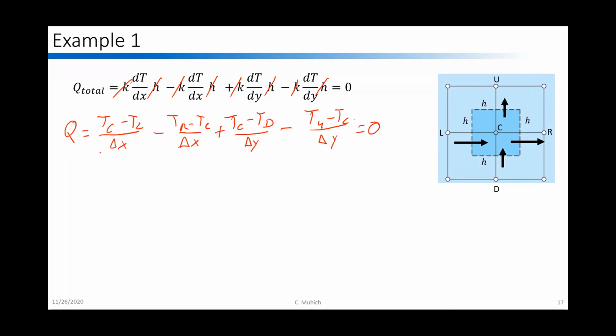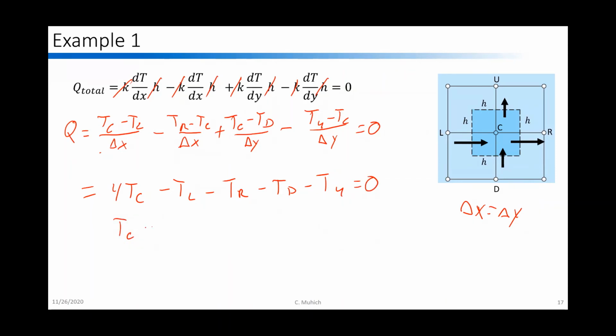And in this case, we say if delta x is equal to delta y, we can rearrange all of these. We can get rid of all those bottom terms, and then we end up with 4 TC minus TL minus TR minus TD minus TU equals 0.